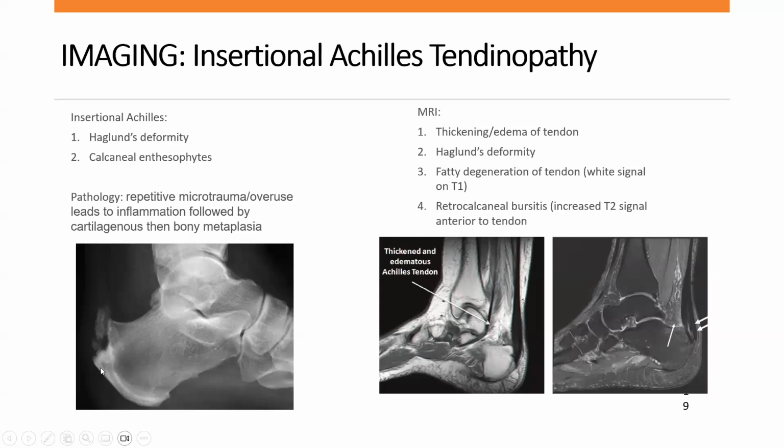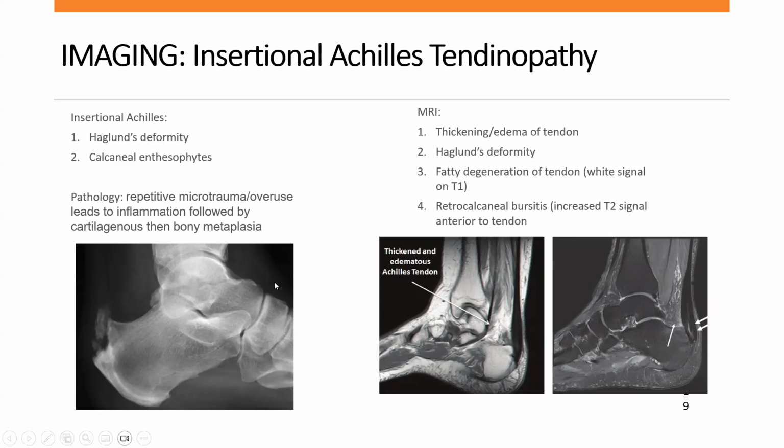This occurs because repetitive microtrauma and overuse cause the insertion of the Achilles tendon to start turning into a bone-like substance. So this demonstrates really nicely the footprint of where it inserts, and in this situation, it starts to turn into bone.